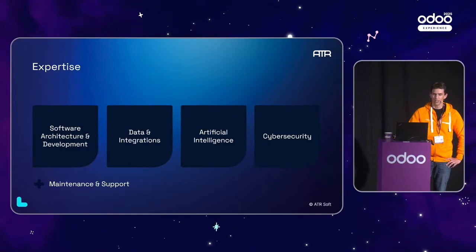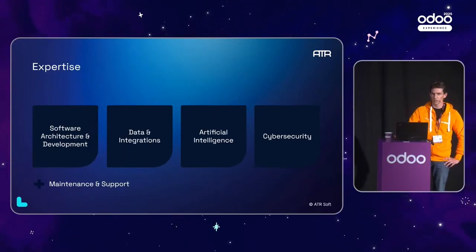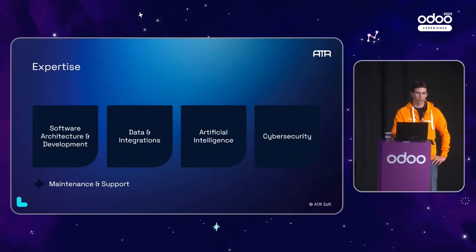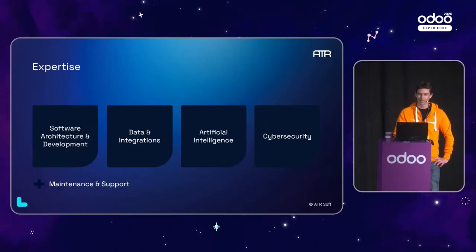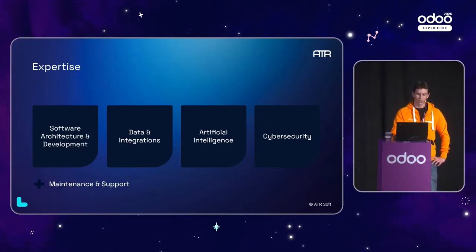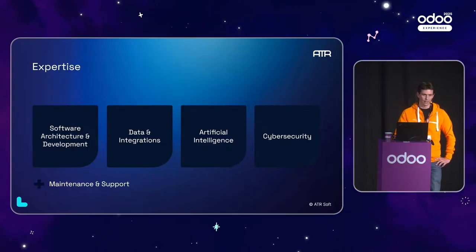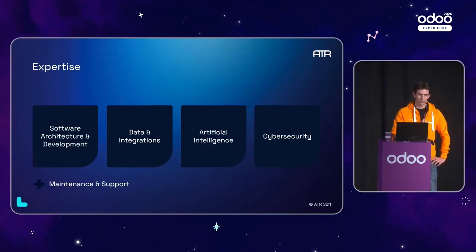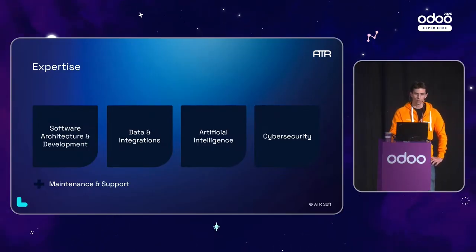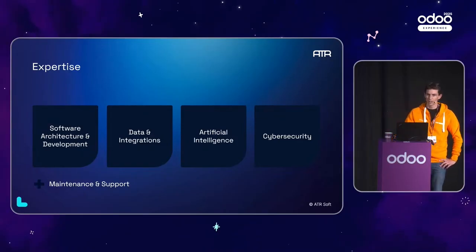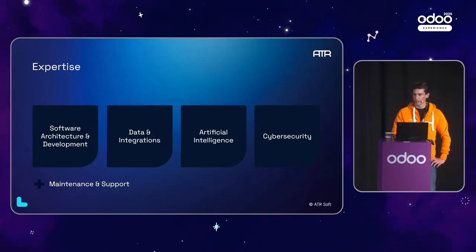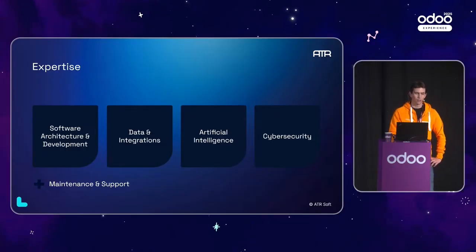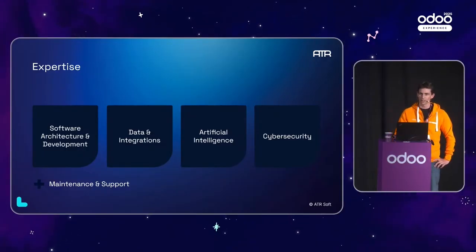What we do is a lot of traditional software development, so different kinds of customized applications for companies, mainly in the industrial area. Those involve data migrations and integrations, which I'm going to talk about today. And also nowadays many solutions that utilize AI and cybersecurity. We also provide maintenance and support services for many companies across the world.